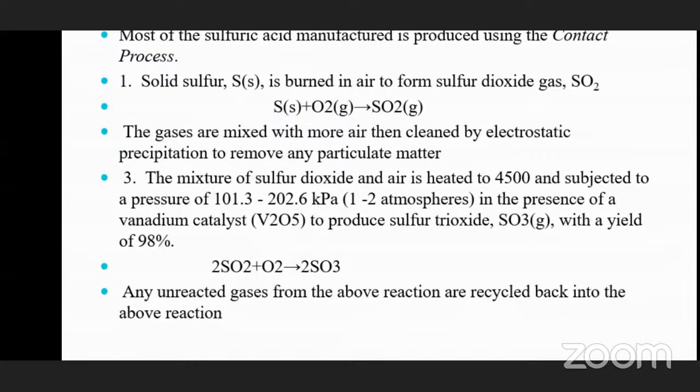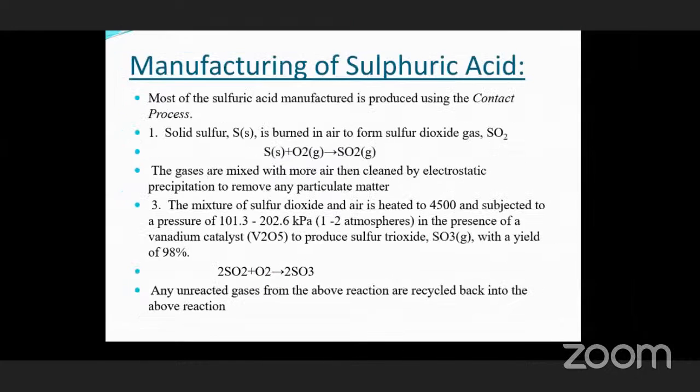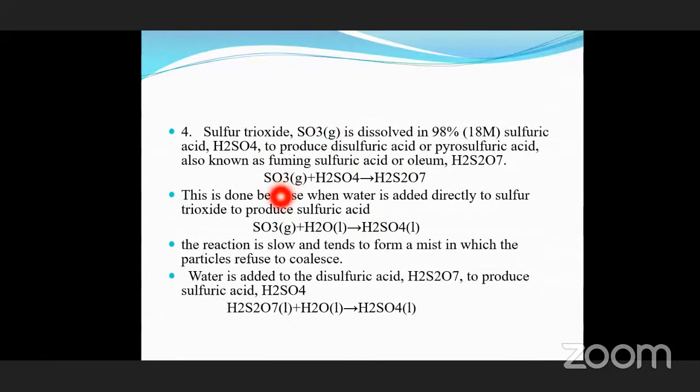After formation of the sulfur trioxide, the sulfur trioxide is reacted with H2SO4, that is sulfuric acid, to form H2S2O7, which is also called oleum. After this, the oleum is reacted with water molecules to give rise to sulfuric acid.